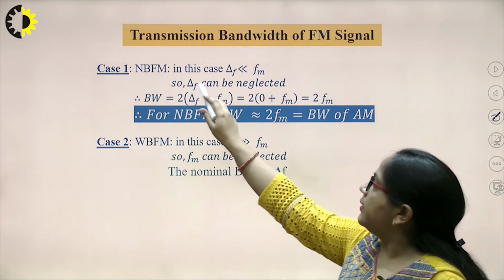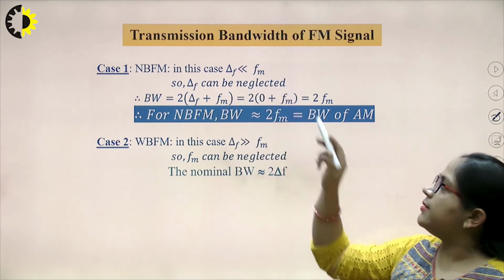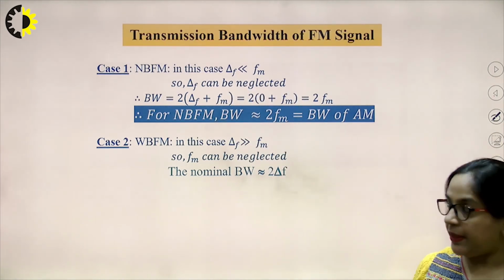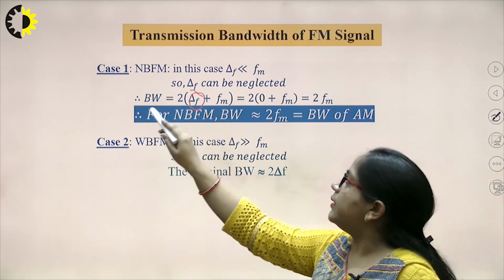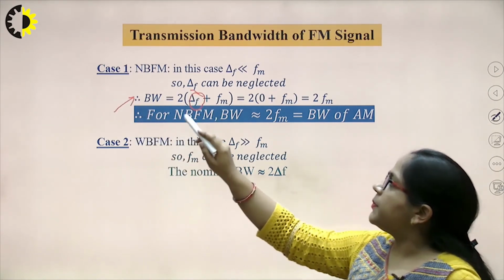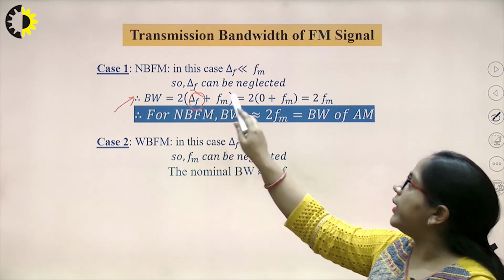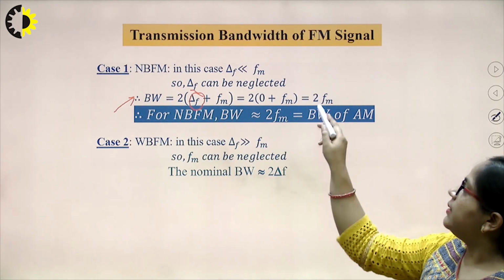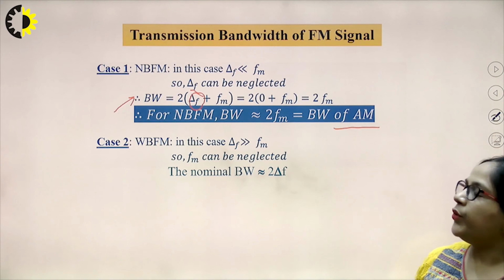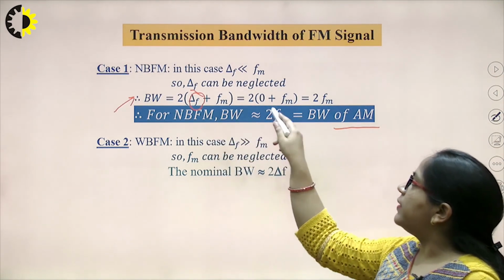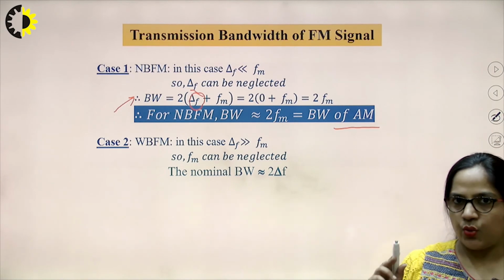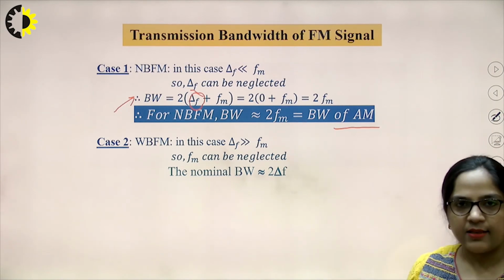So delta f, the frequency deviation, can be neglected. If we neglect delta f in Carson's rule, we get bandwidth equal to 2 fm, which is equal to the bandwidth of amplitude modulated signal. So in case of narrowband FM, the bandwidth is approximately twice the frequency of modulating signal.